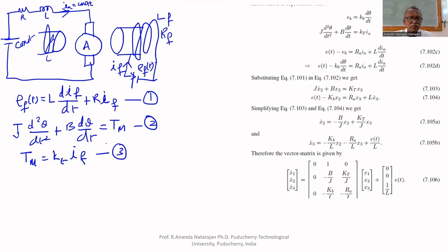Only three equations. Now, let us assume that theta equal to x1, which implies that x1 dot equal to theta dot equal to x2. This is the first state equation.